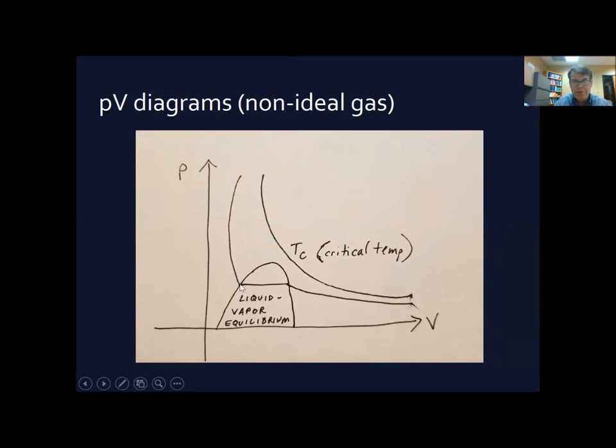When it hits a particular pressure, it will stay at the same pressure until it gets to a certain volume, and then the pressure will continue to decrease. In this spot, it's in a kind of liquid-vapor equilibrium. So it's not in a pure gas form, and the pressure remains constant during this expansion of volume. So this is a PV diagram for something that's not an ideal gas, below a certain critical temperature.